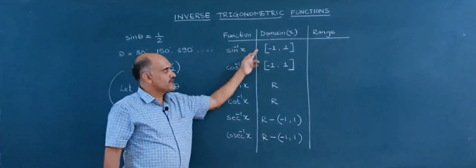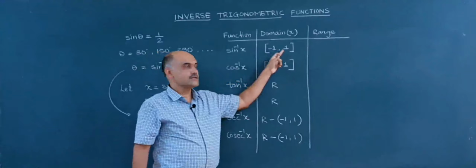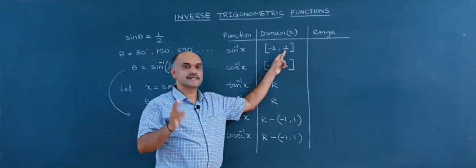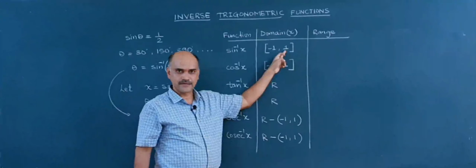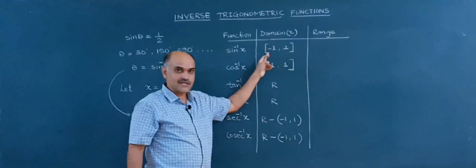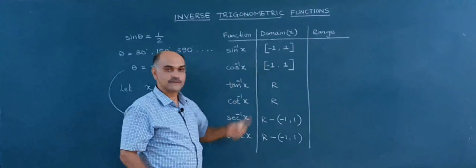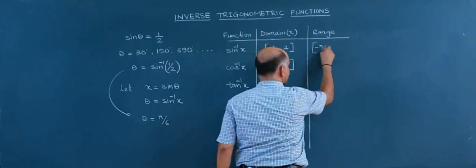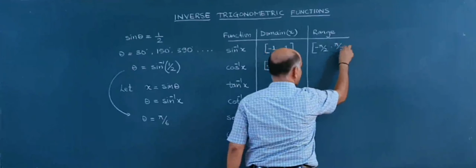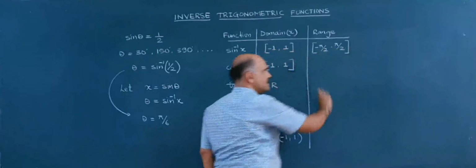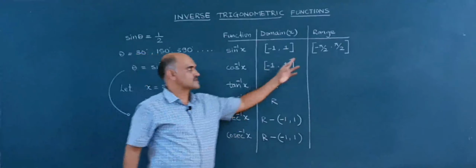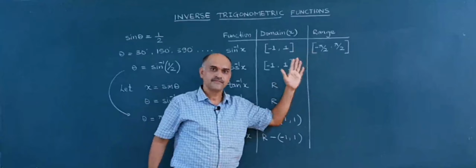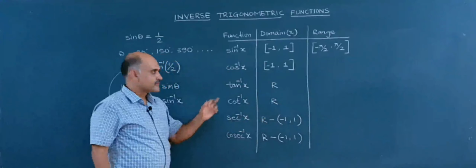The value of sin is 1 when the angle is 90 degree, that is pi by 2, and -1 when it is minus pi by 2. So the range of sin inverse x will be minus pi by 2 to plus pi by 2, and you must write square brackets, which indicate closed interval.